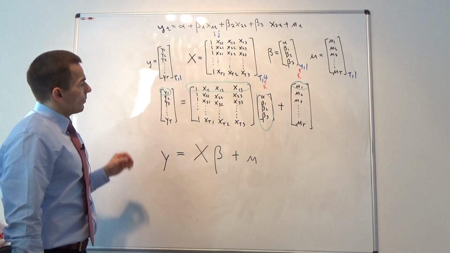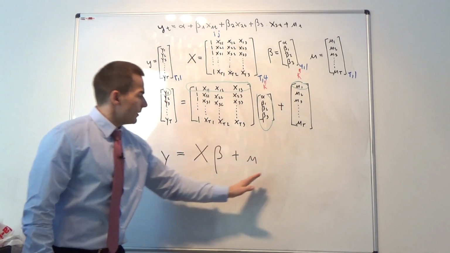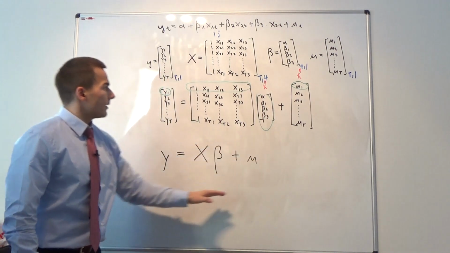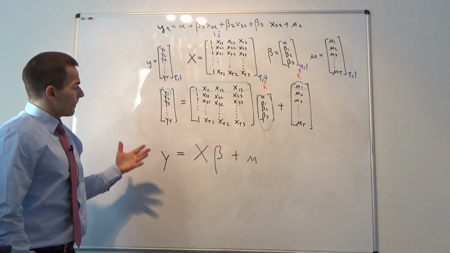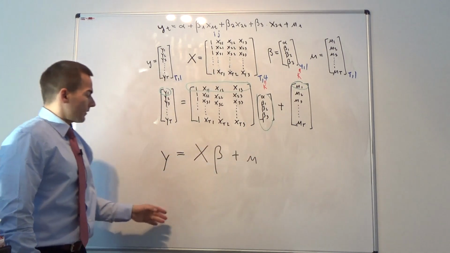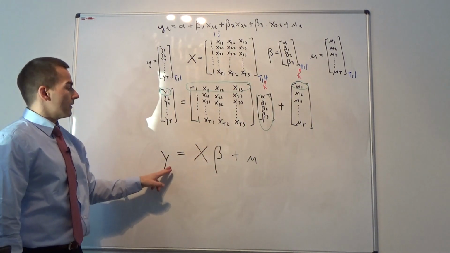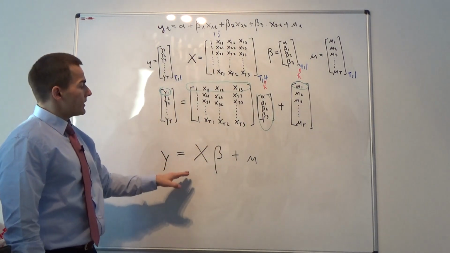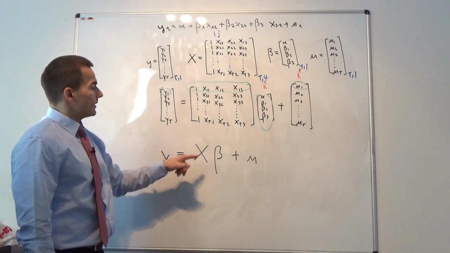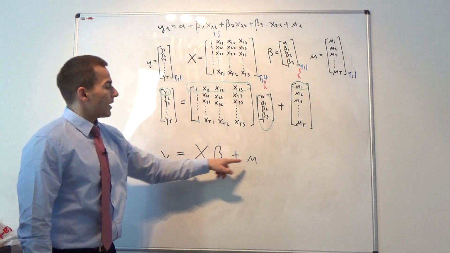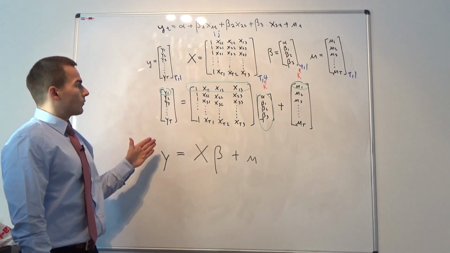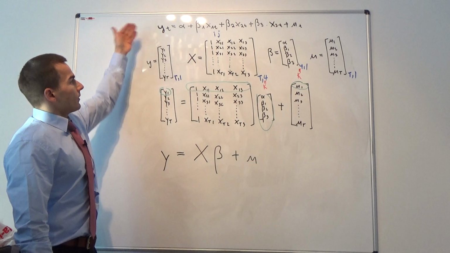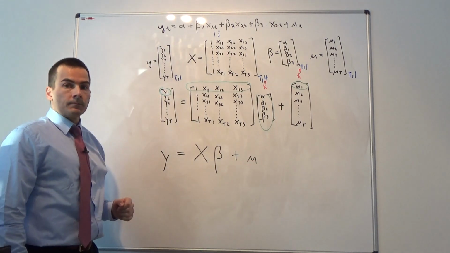And we can easily express it then, because we have defined what it is. Simply, vector y is equal to matrix capital X times beta plus u. So this expression describes our single equation model.